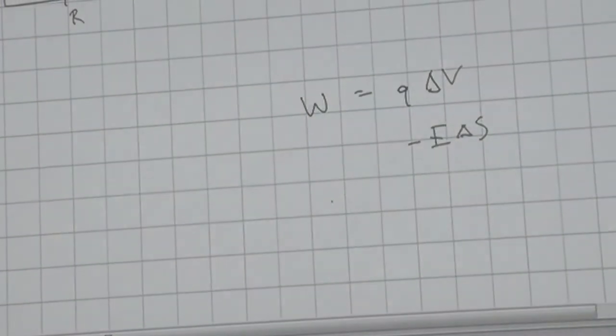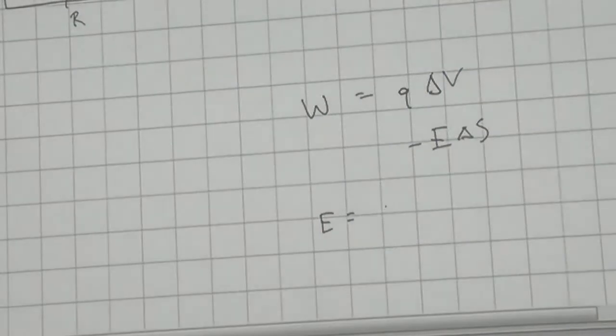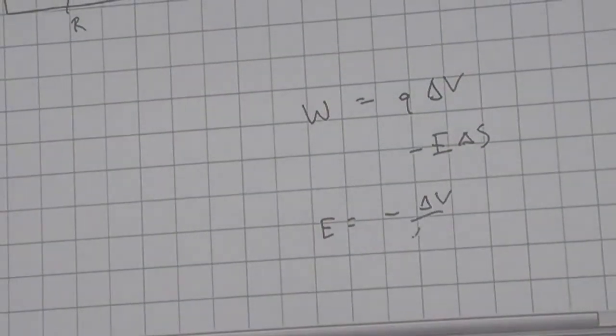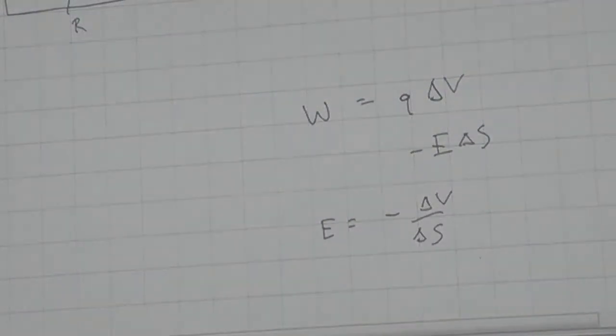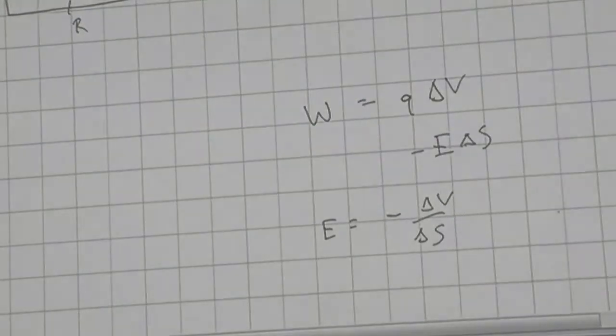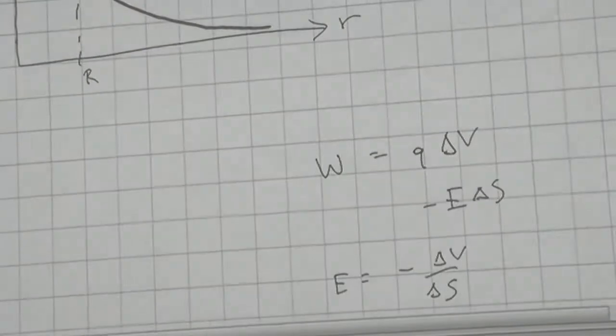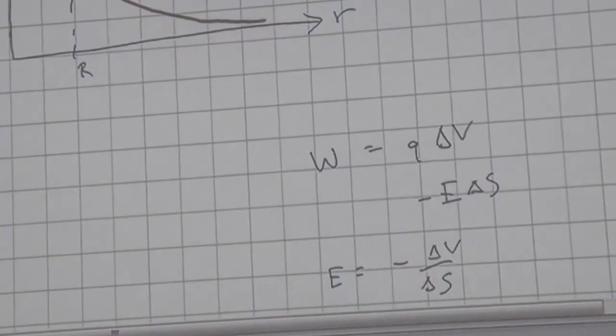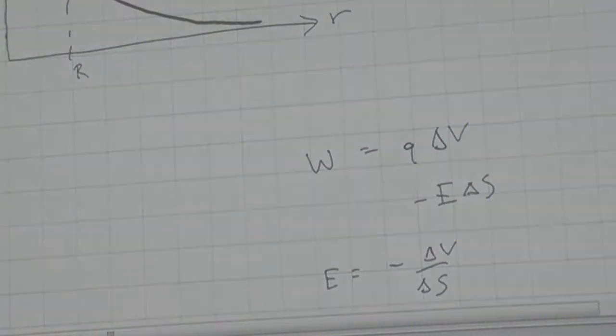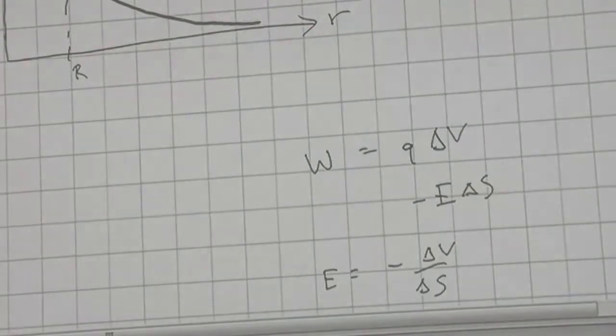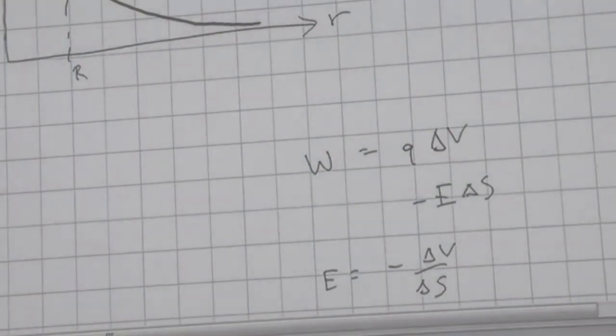There's actually a negative sign somewhere in here. Anyway, something like that. There's this relationship. It's the gradient, right? The gradient of the electric potential that tells you the strength of the electric field.